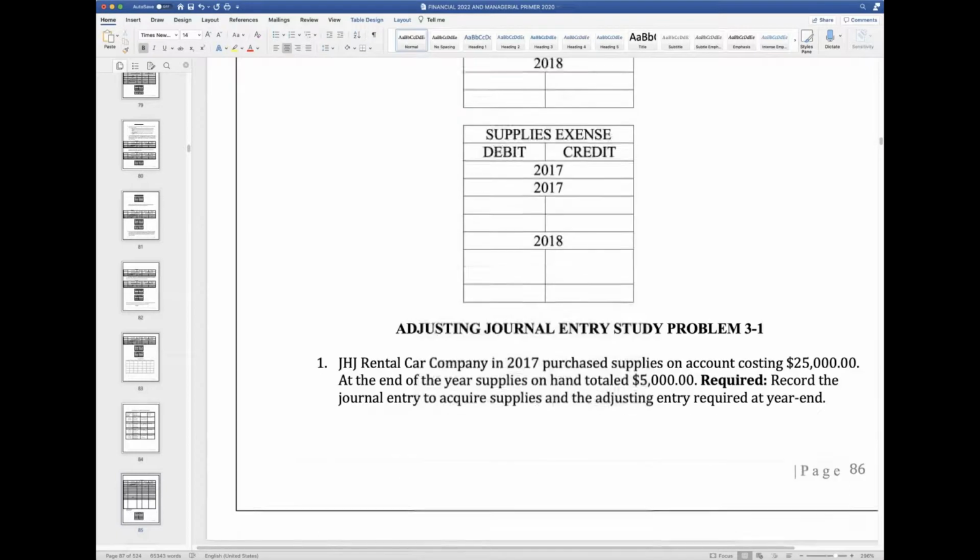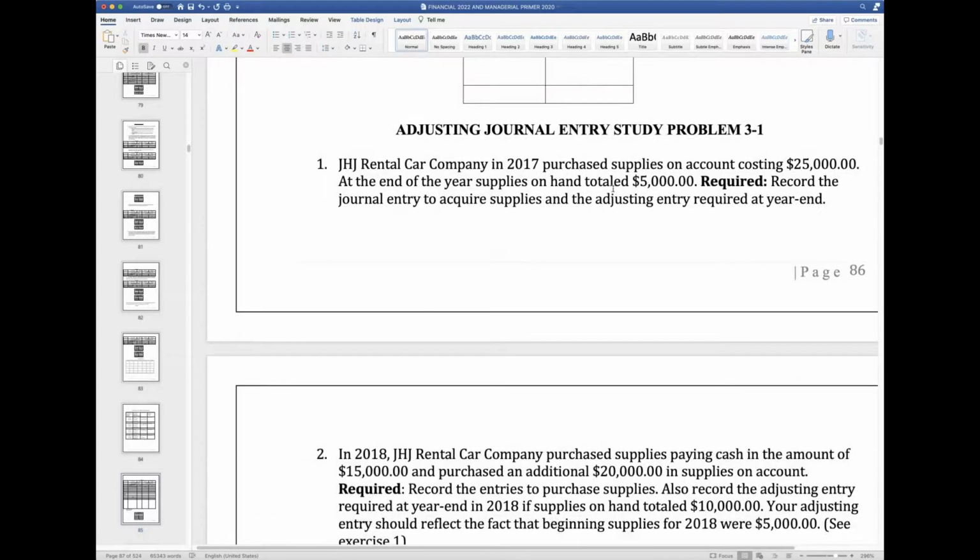Now, the next thing that happens is that at the end of the year, supplies are $5,000. So if you had $25,000 in your bank account at the beginning of the month and $5,000 at the end of the month... Wait, can I just tell you the account number and the accounts and the debits and the credits and the transaction type and you just put it in?